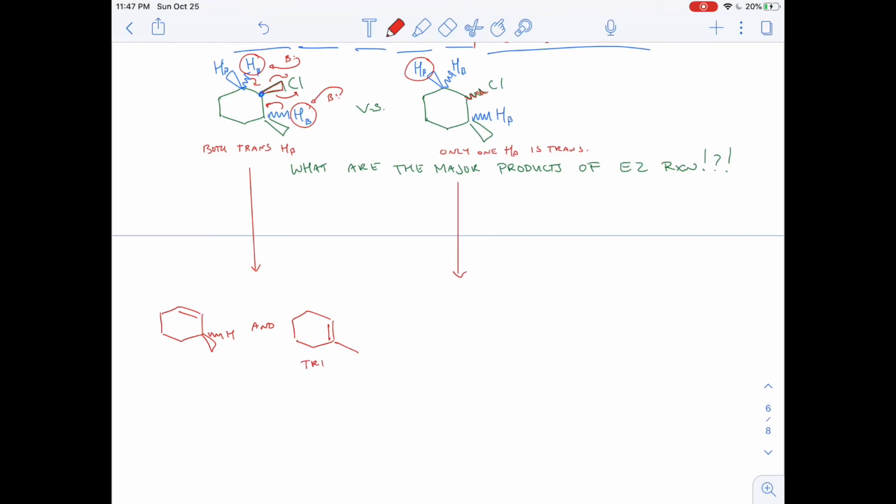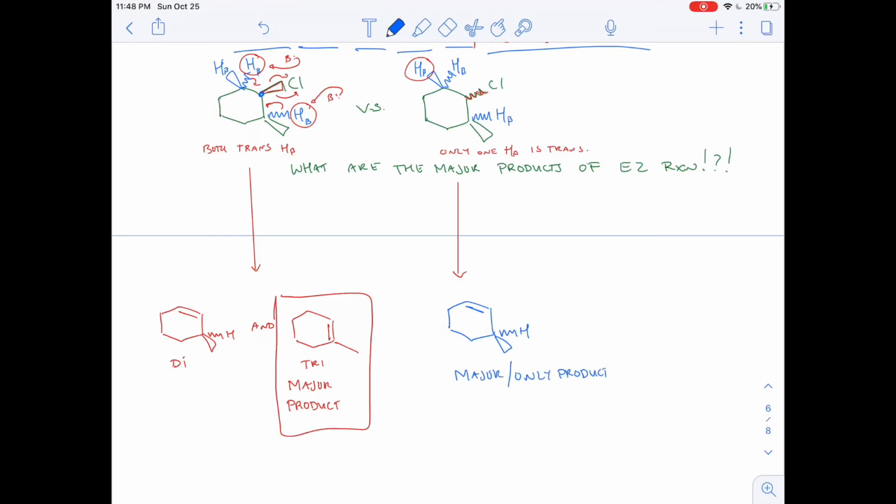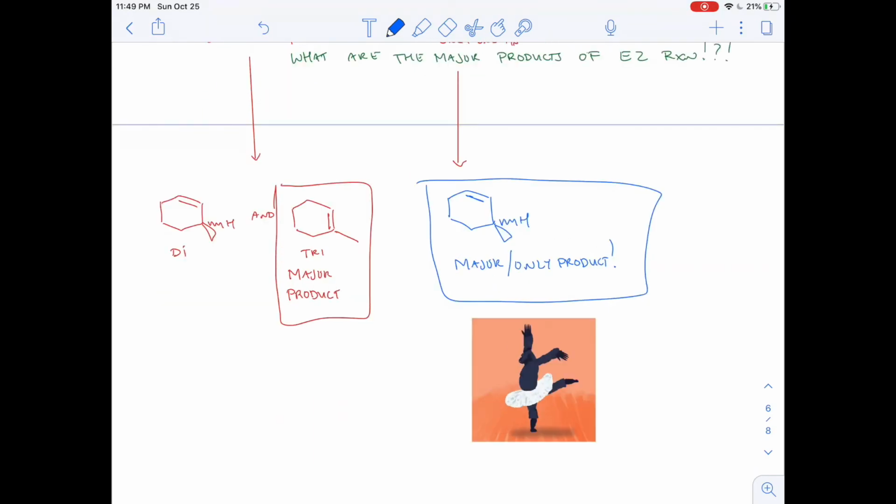So we have a trisubstituted alkene, which is the major product compared to the disubstituted. And then on the compound on the right, what we get is this alkene here. Now this is also a disubstituted alkene, but it is the major product because it is the only product.